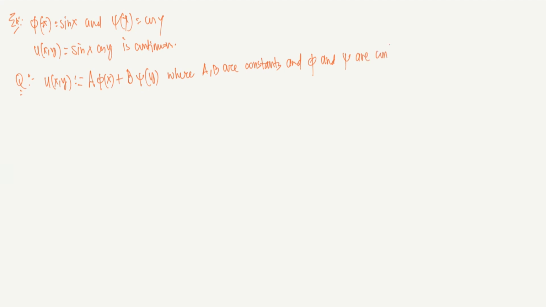Show that u is continuous. It is very easy, but you have to do it yourself. Please do it yourself. With this we are going to end this video. Thank you.